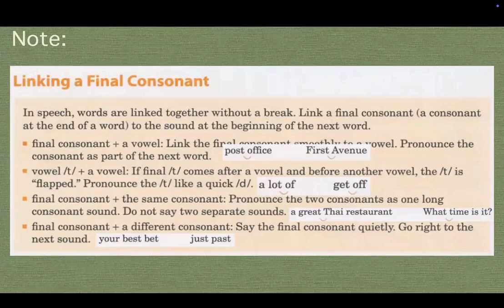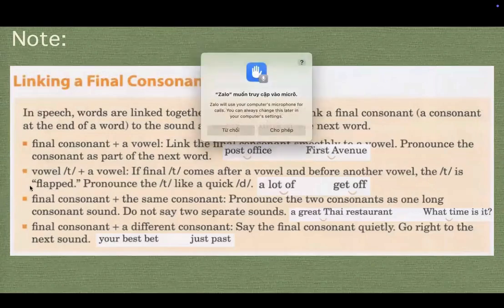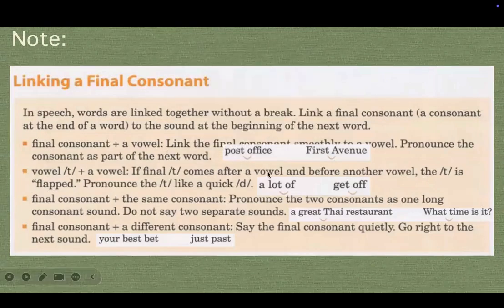We have the final consonant of the word post and a vowel at the start of office, right? So we need to link the final consonant to the vowel. Now it will be pronounced post office, post office.